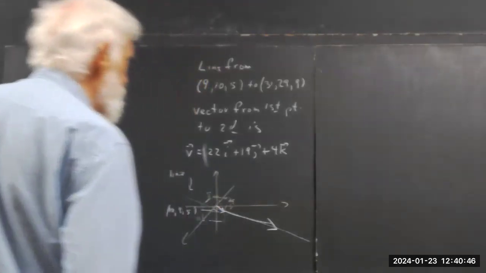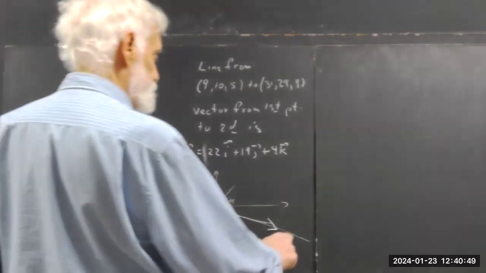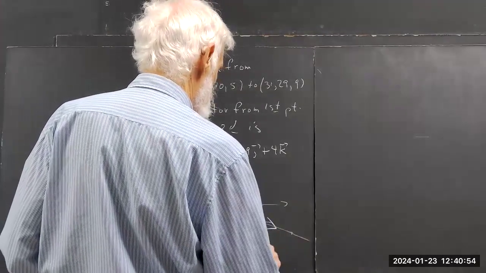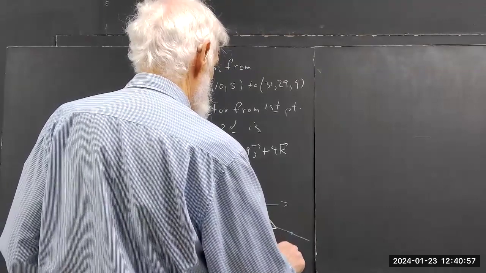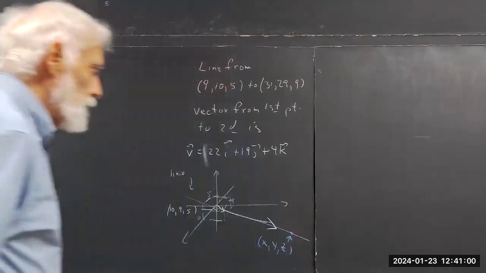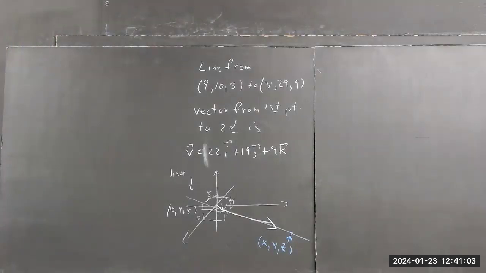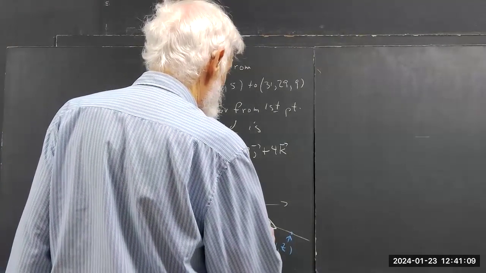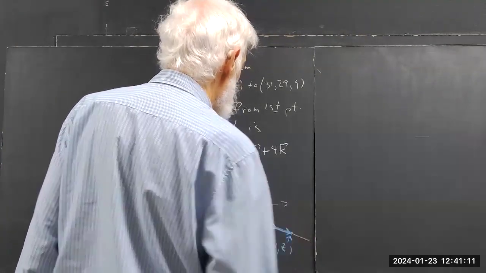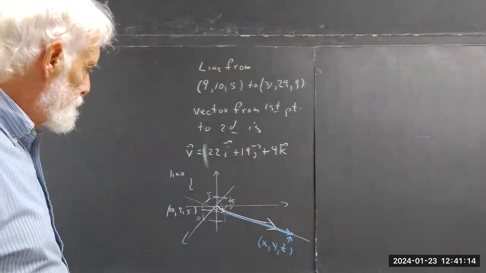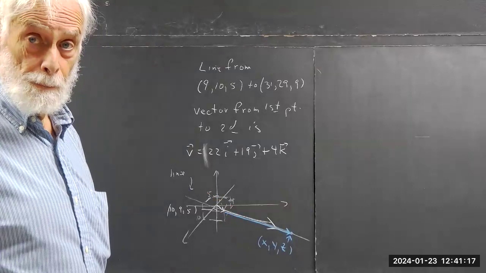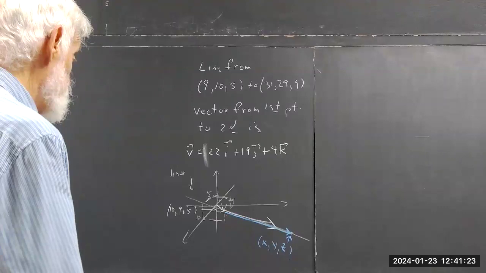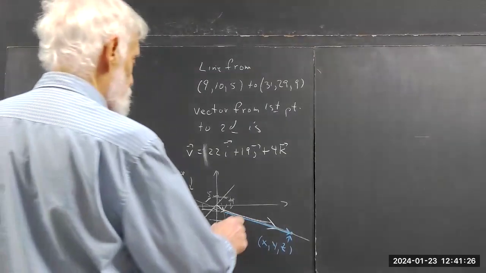Any point on the line, here's a point X, Y, Z. A vector from here to X, Y, Z has to be parallel to this vector, right? So what's this vector?